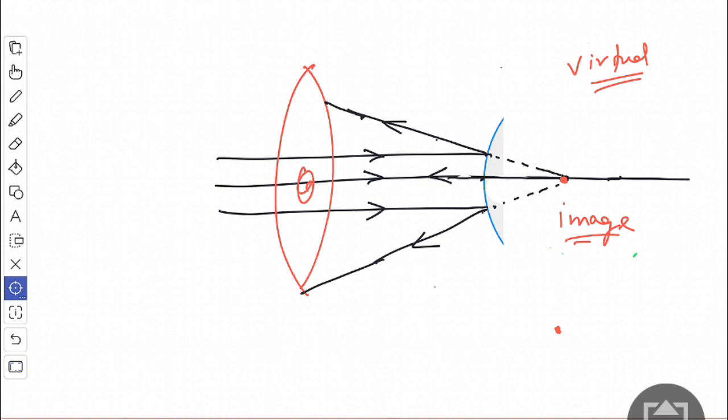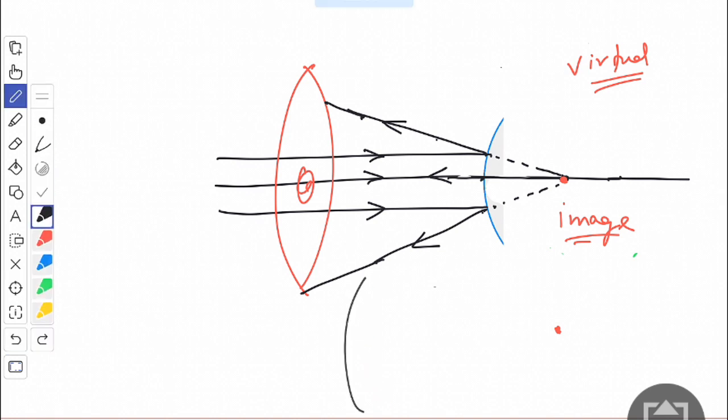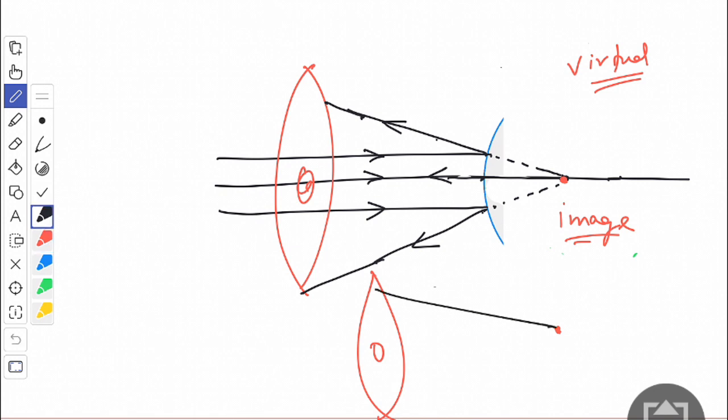But now let us say the object was actually here, and there was an eye here. What would the object do? The object would send rays. What kind of rays? The rays would come like this, right? Multiple rays, many rays would come.